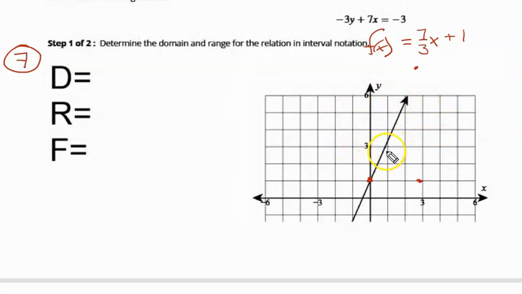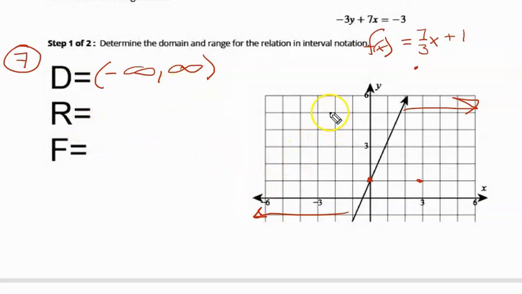Reviewing some of the things we've done in the past. But what is the domain of these? Well, we said that the domain of a line with positive slope, this is going to go eventually all of this way and all of this way, so it's all real numbers. And we show all real numbers as from negative infinity to positive infinity.